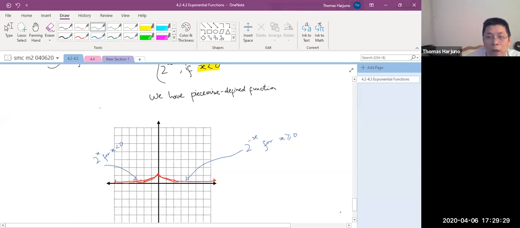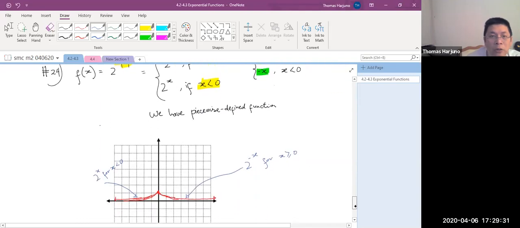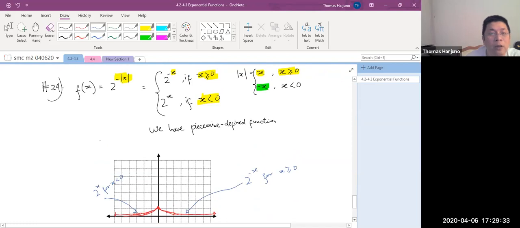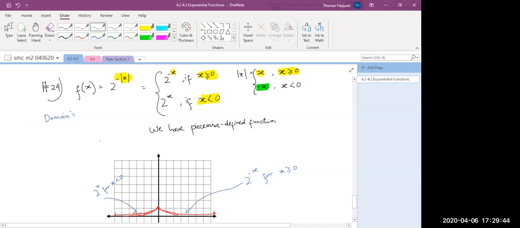So if I have a follow-up question, you take a look at the graph, then what is the domain? Is it still all real numbers? That's right, it's still all real numbers.